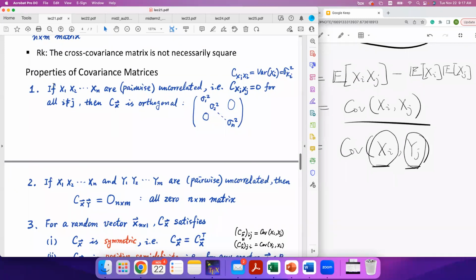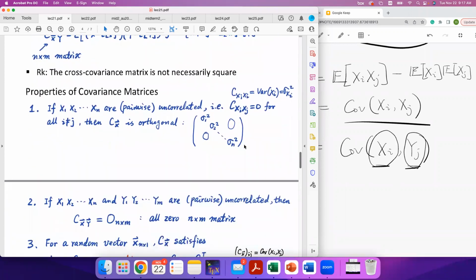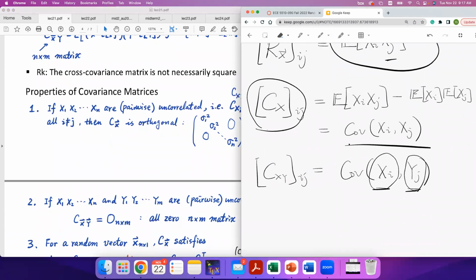So basically, if all these random variables are pairwise uncorrelated, then the autocovariance matrix is diagonal, which can be seen from this expression. The ij entry is simply the covariance between xi and xj.